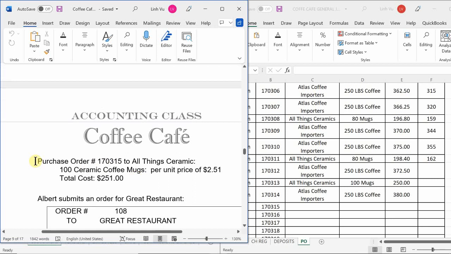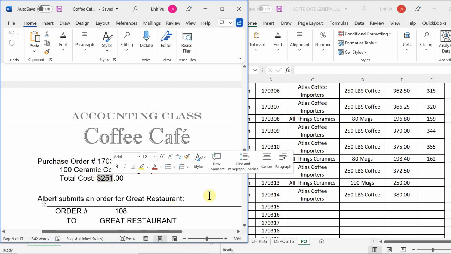We'll even do a second purchase order right here, number 315, to All Things Ceramics for another 100 cups for $251.